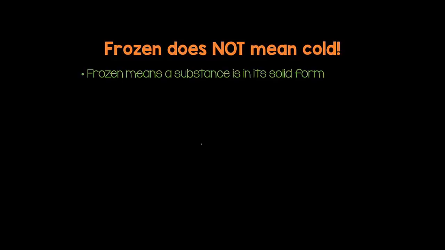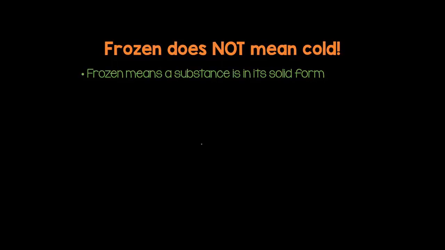And we say that ice is frozen water, which it is, but a lot of times we think that the word frozen means really, really cold, because we know that ice is frozen and that's really, really cold. But in science, the word frozen does not mean cold at all. The word frozen means that a substance has lost enough heat energy to harden into its solid form.